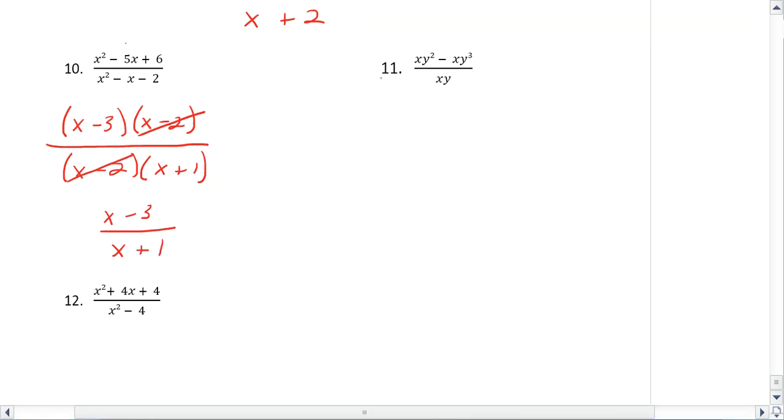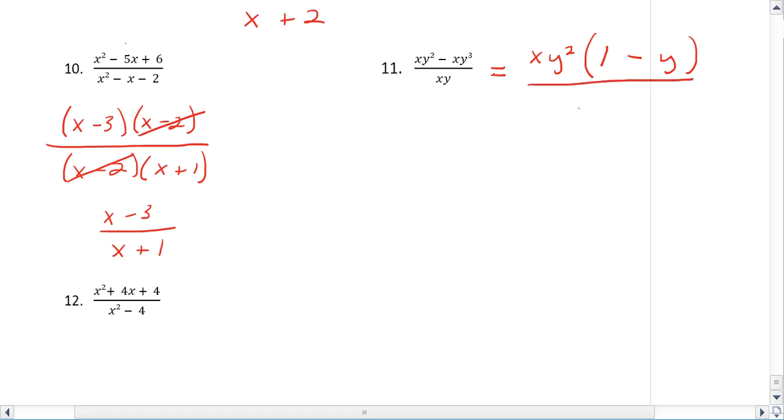Now let's look at problem 11. This definitely is also factor and then cancel. When I look at the GCF of the numerator, they both have an x and they both have a y squared. So I need to factor that out of both terms. This first term, xy squared, would just leave me a 1. The x would factor out and the x squared would just leave me a y.